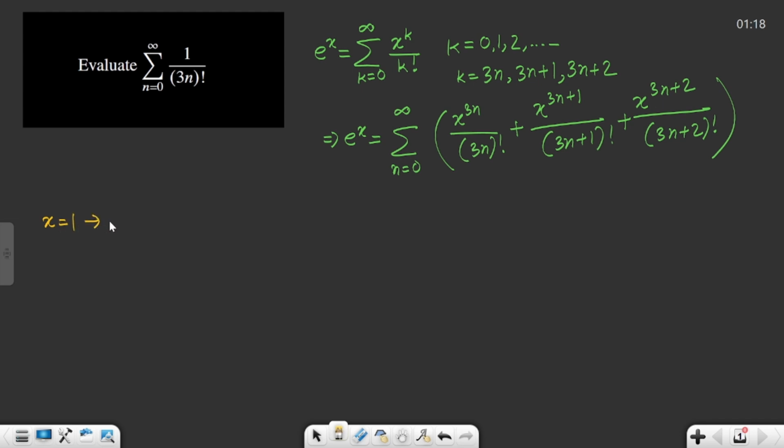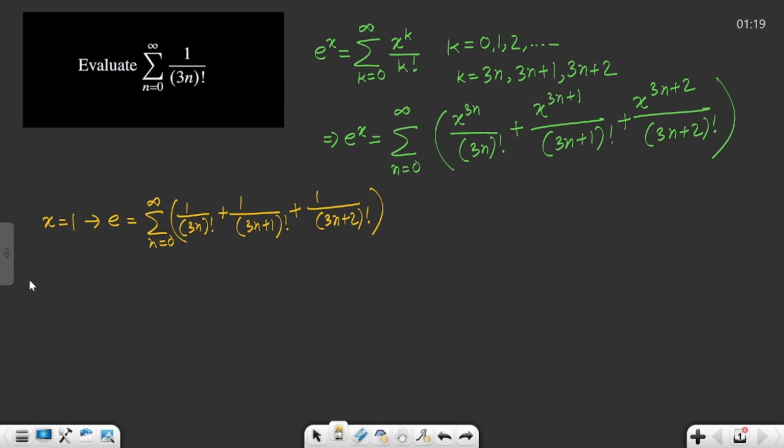So let's put it in, and we get e equal to the summation of n equal to 0 to infinity of 1 by 3n whole factorial plus 1 by 3n plus 1 whole factorial plus 1 by 3n plus 2 whole factorial, right? Okay. So we got 1 by 3n whole factorial, that is correct, but we also got 2 extra terms.